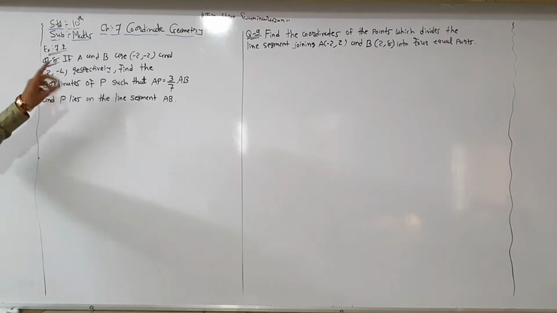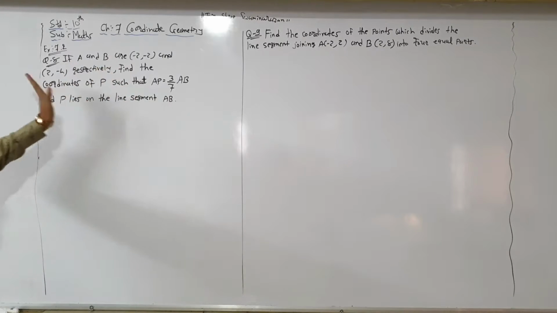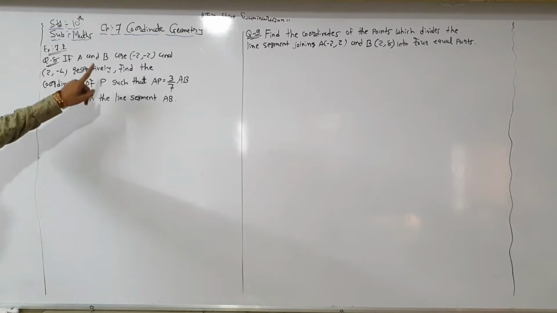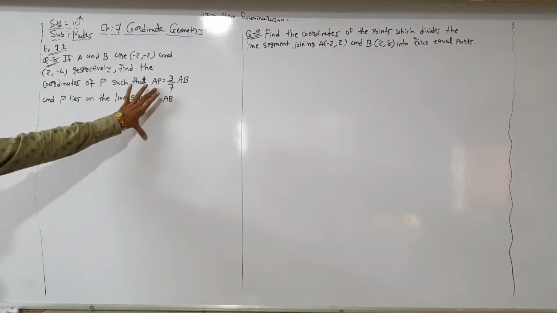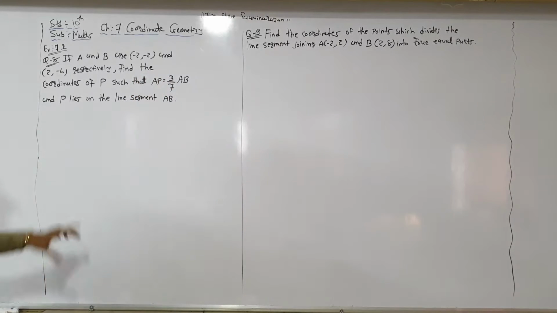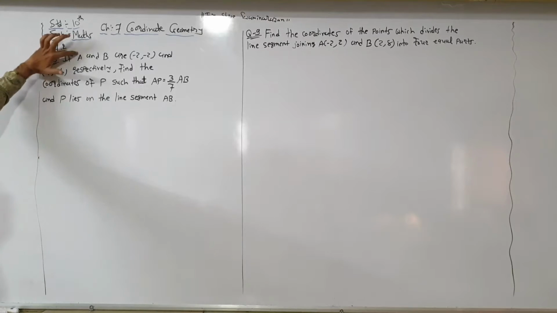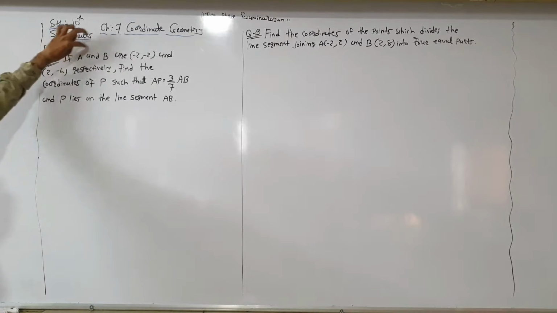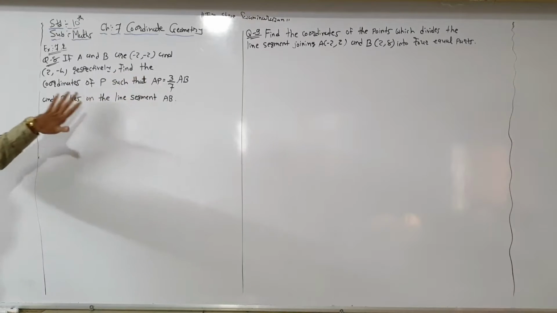If A and B are (-2, -2) and (2, -4) respectively, find the coordinates of P such that AP is equal to 3/7 AB and P lies on the line segment AB. Okay, the coordinate of A is (-2, -2) and the coordinate of B is (2, -4) respectively. Now find the coordinates of P.